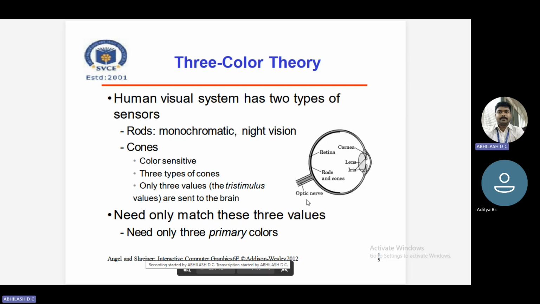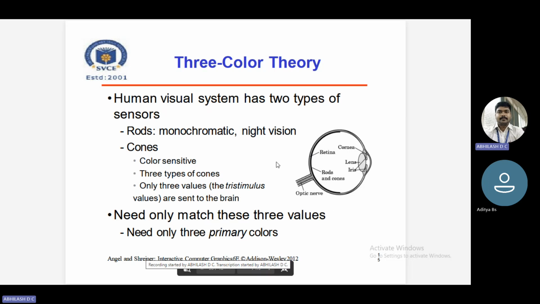So this optic nerve is like the transporting system which sends the information falling on the retina to your brain, and the brain will imagine what exactly is the object which is actually present.